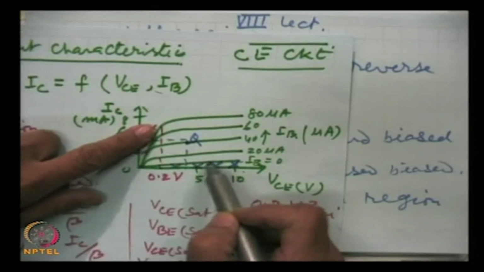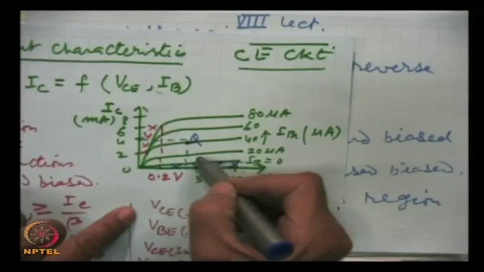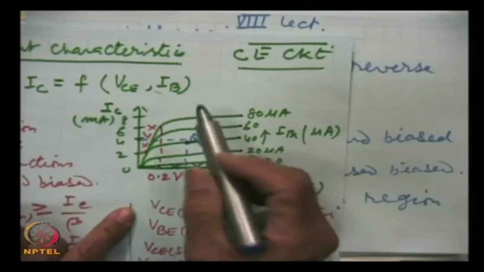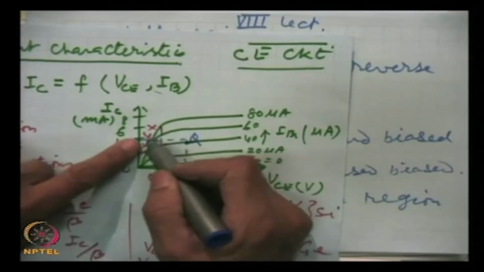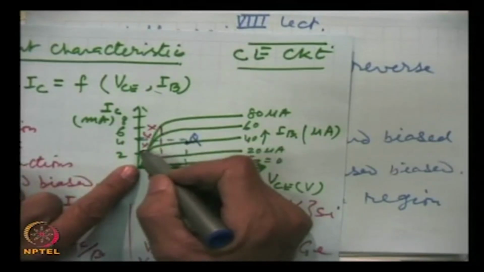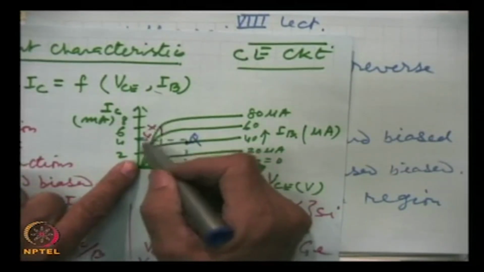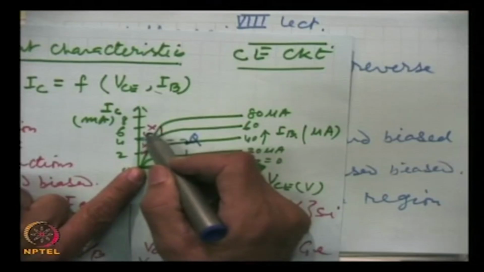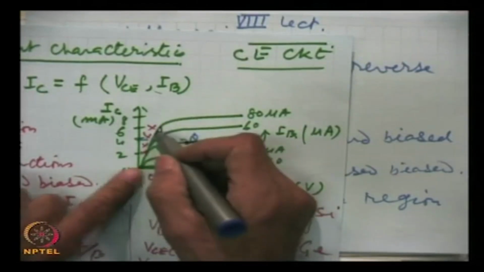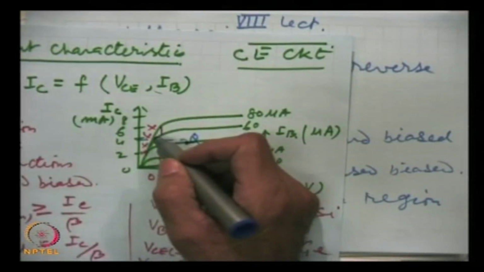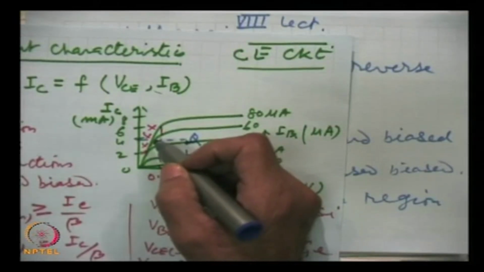It should remain within this prescribed region, because if by wrong choice it touches or comes into the saturation region, the output will be distorted, because that part will not appear in the output. The output will be a distorted signal, which we have to avoid.